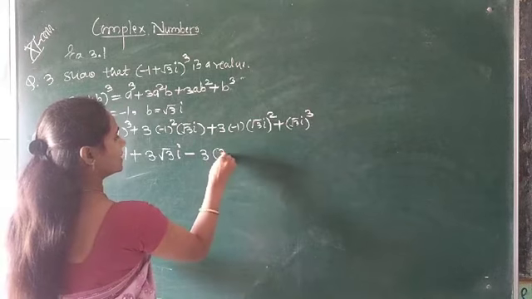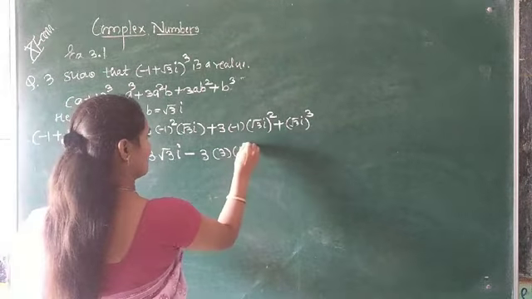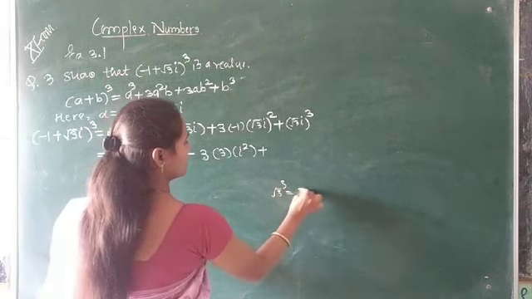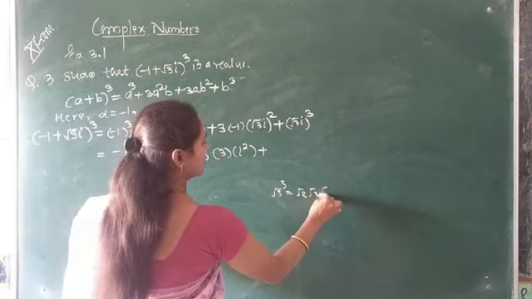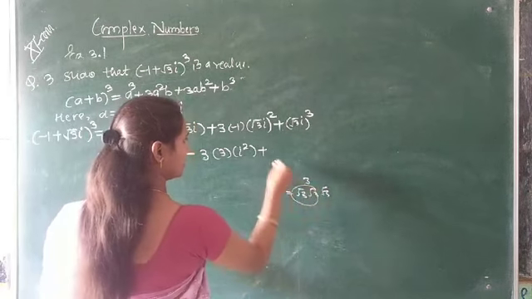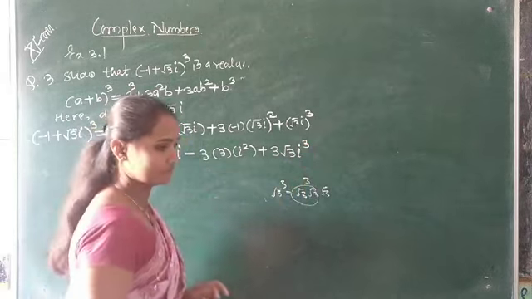Root 3 square is 3, into i square, plus root 3 cube. Root 3 cube is root 3, root 3, root 3, that is 3 times root 3, hence 3 root 3 into i cube.